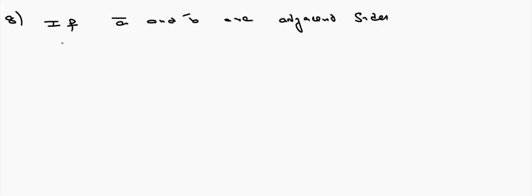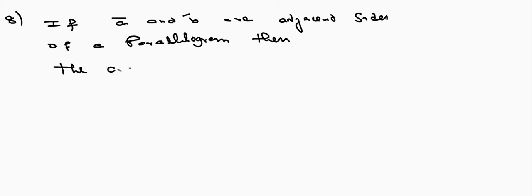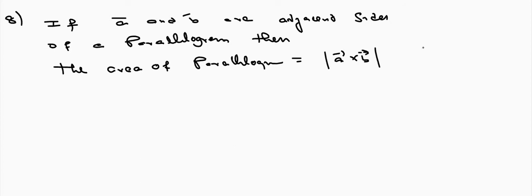Property number 8: if A vector and B vector are the adjacent sides of a parallelogram, then the area of the parallelogram is equal to modulus of A cross B. In a parallelogram the adjacent sides are represented by two vectors, A vector and B vector.